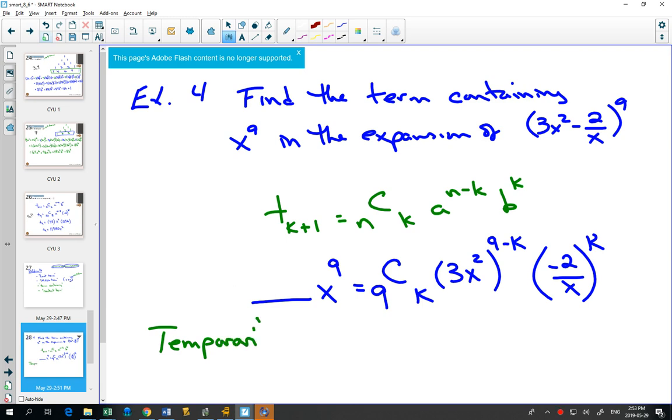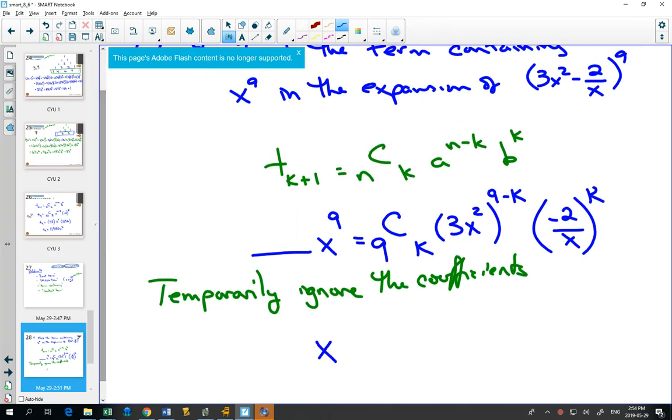if we temporarily ignore the coefficients, then on the left side, we would just have an x to the 9. And on the right side, well, 9 choose k is going to be some number that's going to affect the coefficient in front. We're going to ignore that.